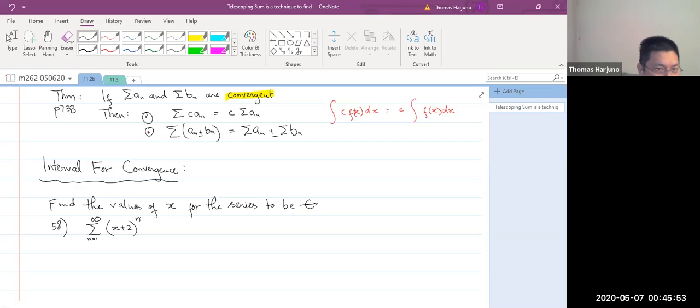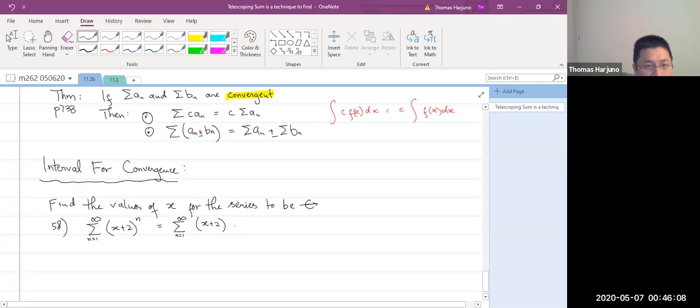Now this has the pattern of a geometric series. Let me rewrite it as the sum from 1 to infinity of (x plus 2) times (x plus 2) to the power of n minus 1.